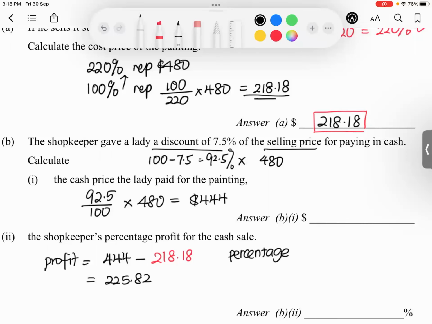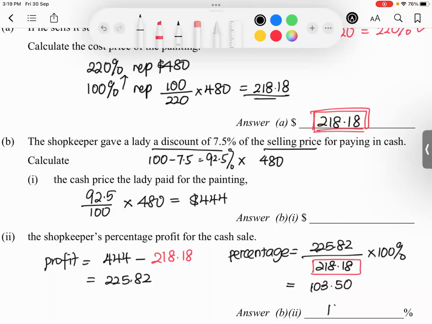Percentage profit means I take the 225.82 out of my original, the original is this one, times 100%. And I get a number of 0.350, so round off 103, no, 104%, to 3 significant figures.